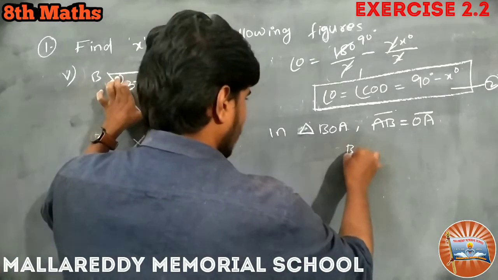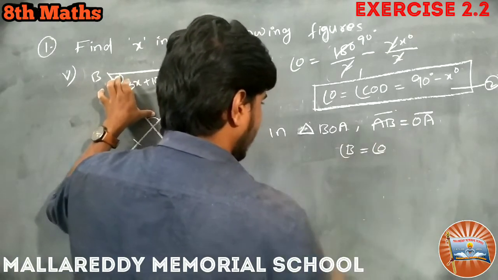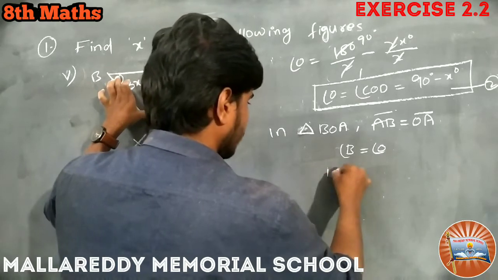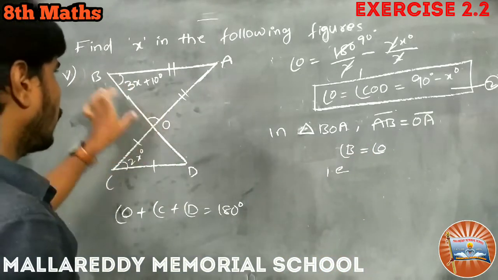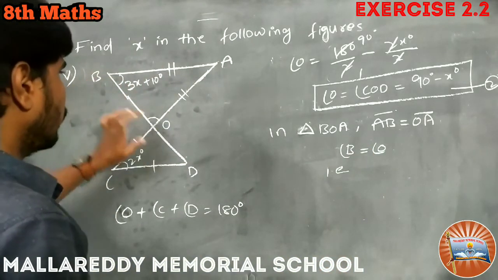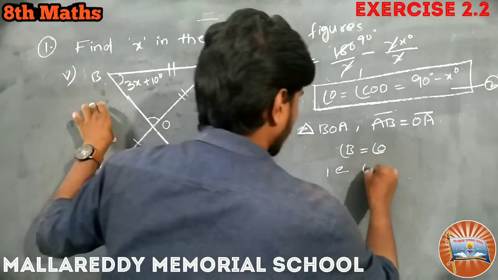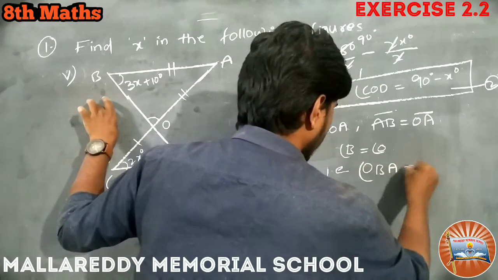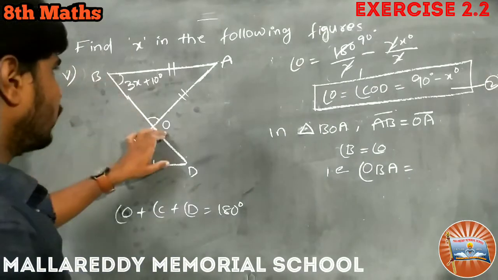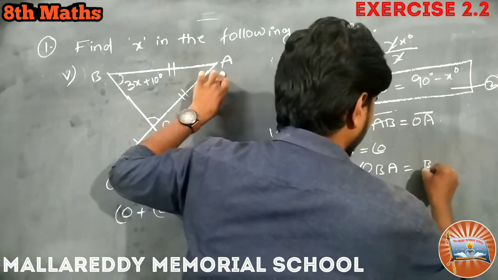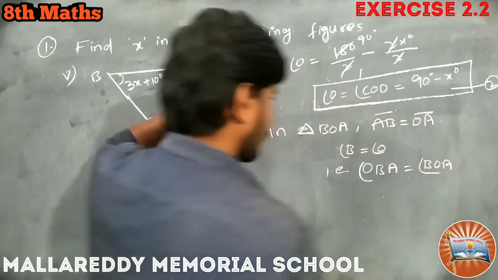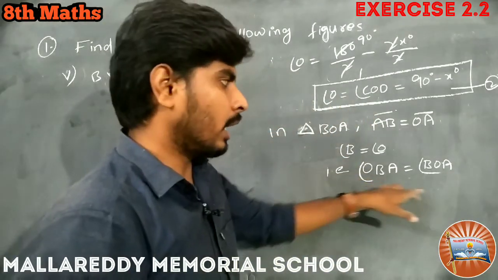That is, angle B is equal to angle O. So this is nothing but angle OBA is equal to angle BOA. Here it is angle B, and here it is angle O.